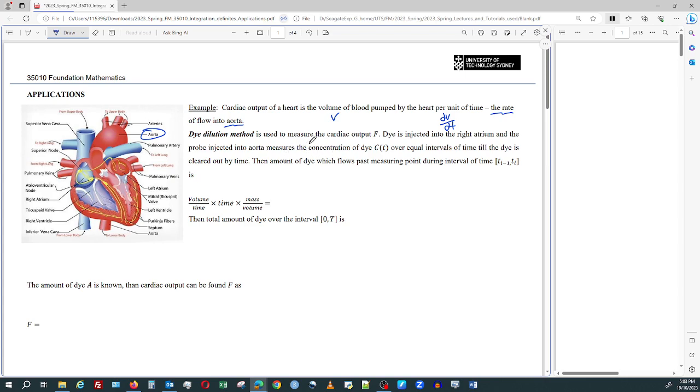Dye dilution is used to measure the cardiac output, which they're calling F. Dye is injected into the right atrium and a probe in the aorta measures the concentration of dye over equal intervals of time until the dye is cleared out. At some point T, the amount of dye which flows past the measuring point during the interval is a particular interval time.